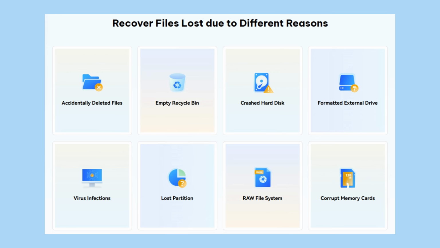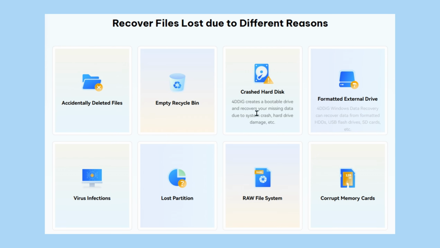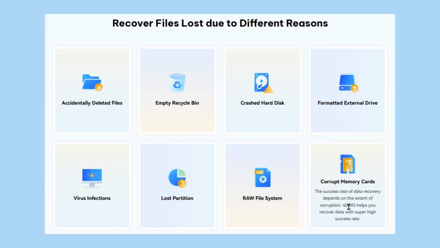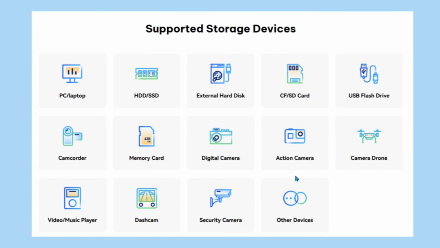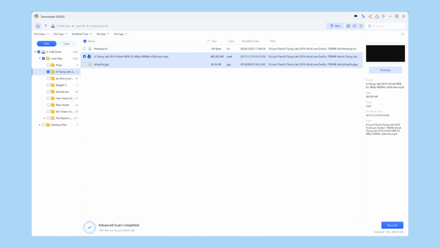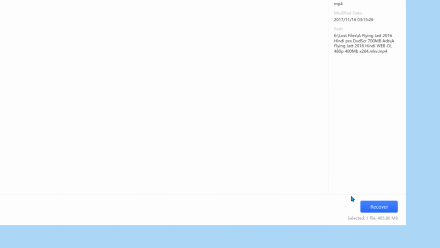Another advantage is that 4DDiG can recover data from different scenarios, including accidental deletion, formatting, partition loss, virus attacks, file system corruption, and system crashes. It also works across multiple devices such as SD cards, USB drives, external hard disks, and even the recycle bin on your PC.